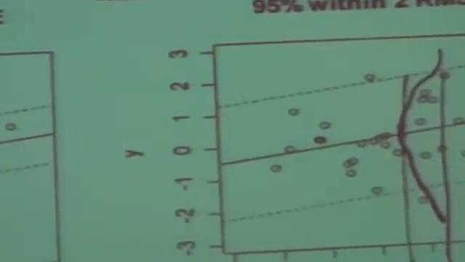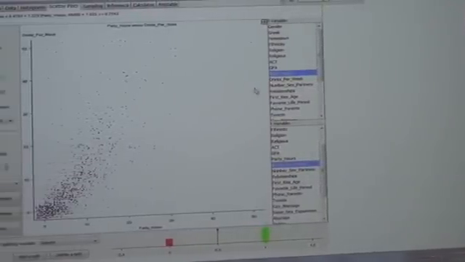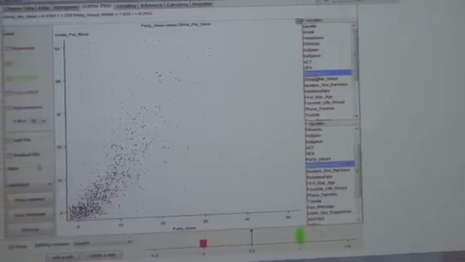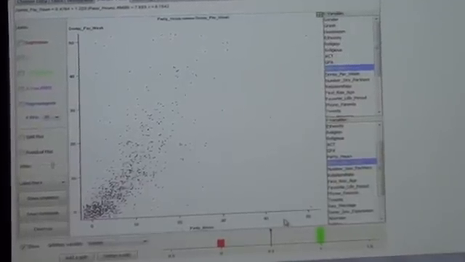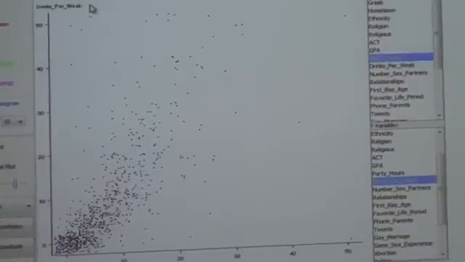Let me show you some real data, and I think it will help you. So let's go to our PC. So this is data about, on the x-axis is how much you party per week, and the y is how much you drink per week.